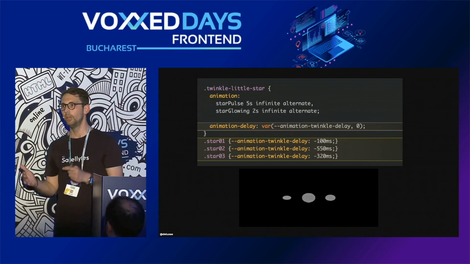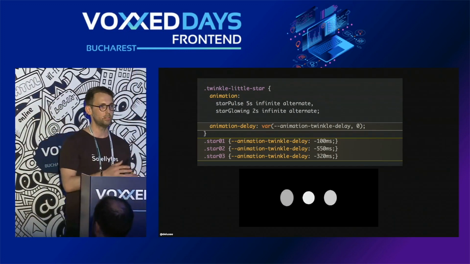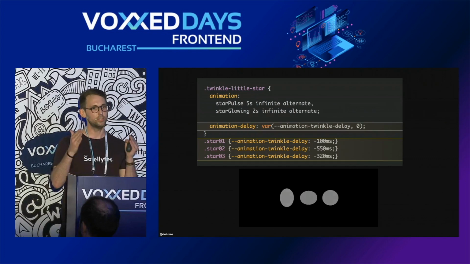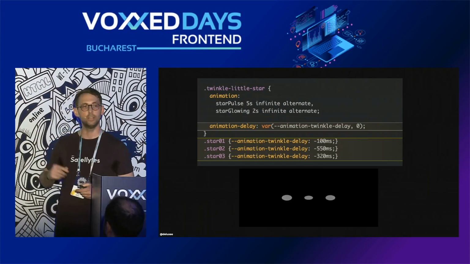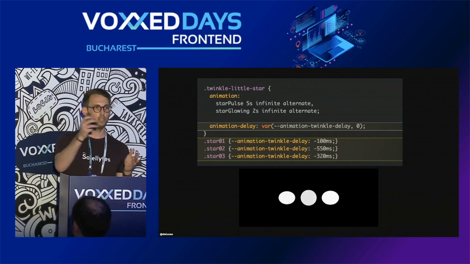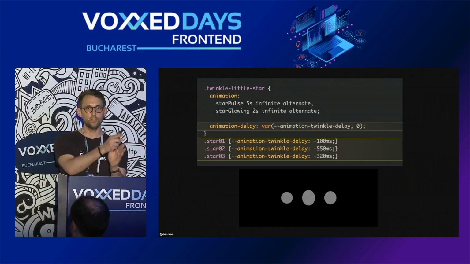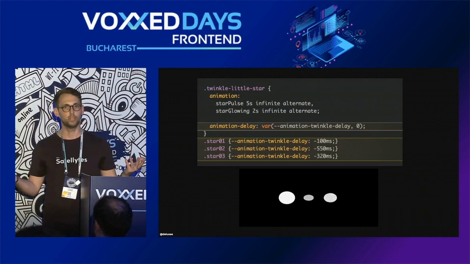Maybe some of you witnessed that if you introduce an animation delay, the animation is not going to start until the delay has passed. So by using negative delays, we can start mid-action, get the offset of the animations, but no waiting in the beginning.